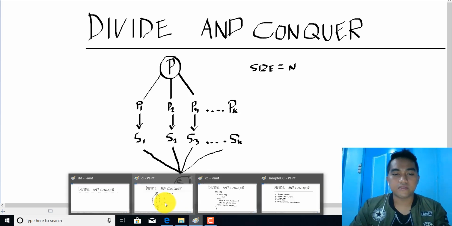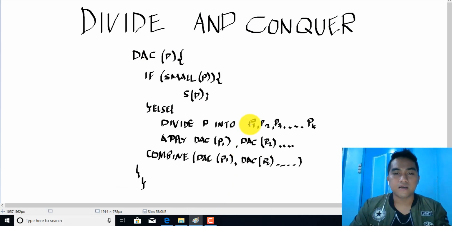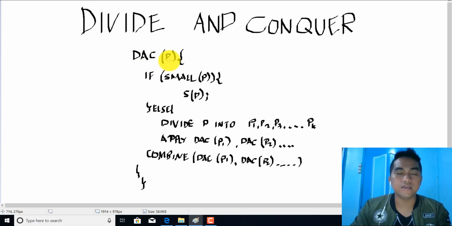So I have here an example of the general method for divide and conquer. For example, we have the method divide and conquer P, the given input problem. If that problem is a small problem, then directly solve it.